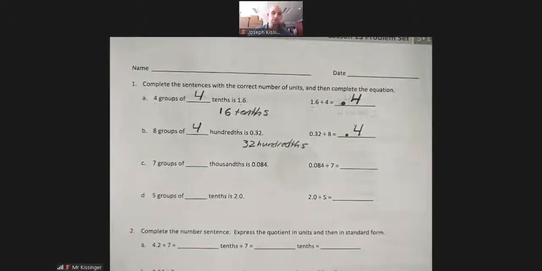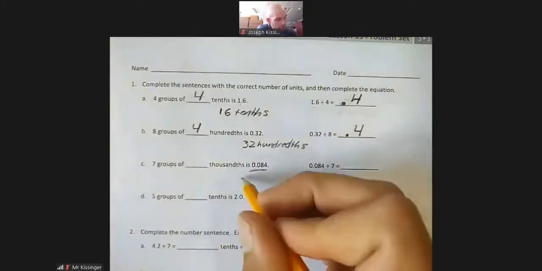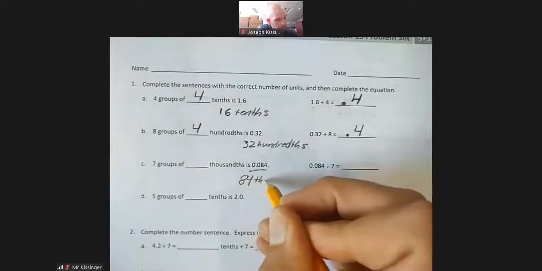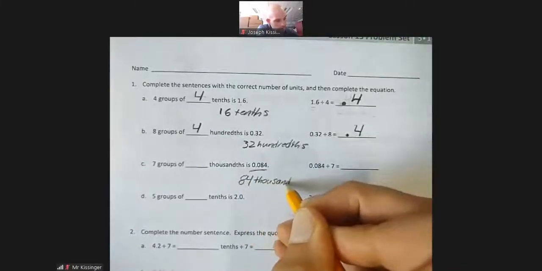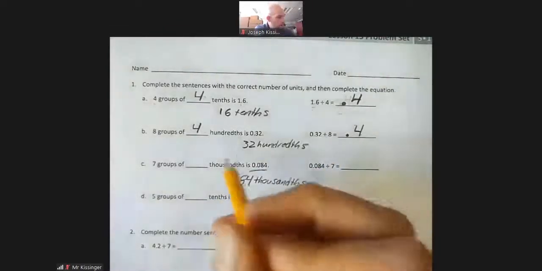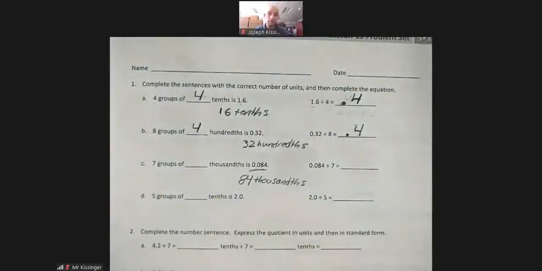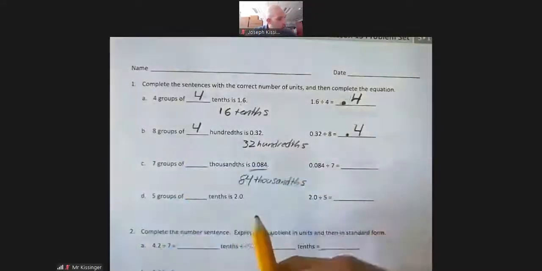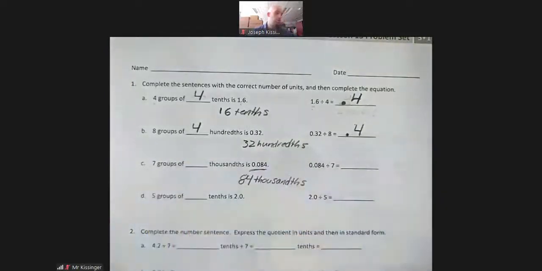Now let's look at letter C. We get a different answer here. So 7 groups of blank thousandths is 84 thousandths. So this number right here is 84 thousandths. And then how many groups of 7 will give us 84? Let's start with 7 times 8. 7 times 8 is 56. Okay, we're too low. How about 7 times 10?